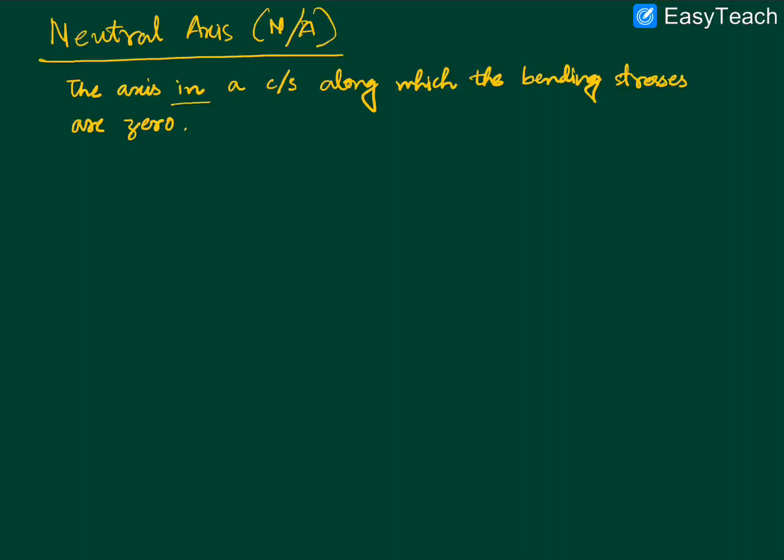So let us go back very briefly to the consideration of a symmetric bending of beam, and note that the picture is somewhat like this. So we have the beam cross section in this way, and the neutral axis in this way.